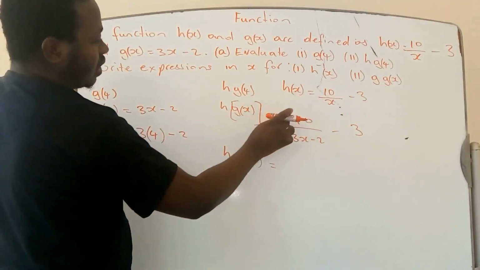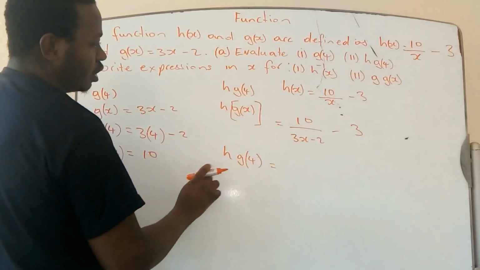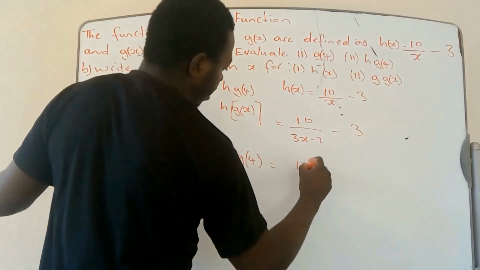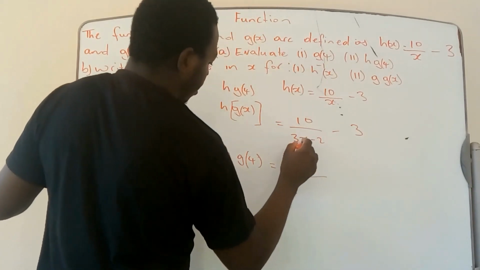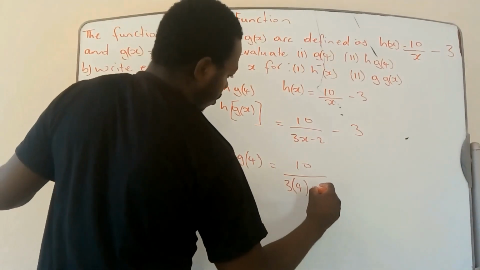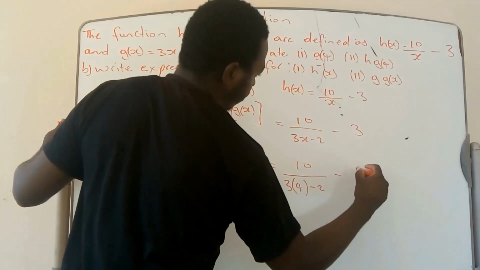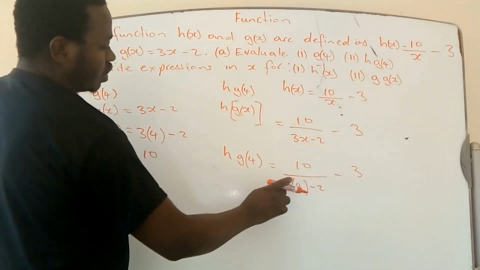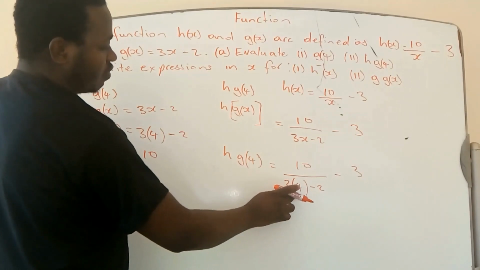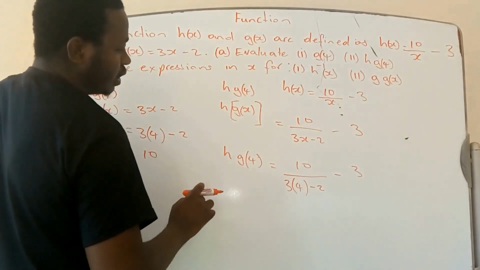So now we can go ahead and find h of g of 4. Anywhere we see x in this function, replace it with 4. So this is equal to 10 divided by 3 times 4 minus 2 minus 3, right? We know that 3 times 4 is 12, minus 2, that is just 10.